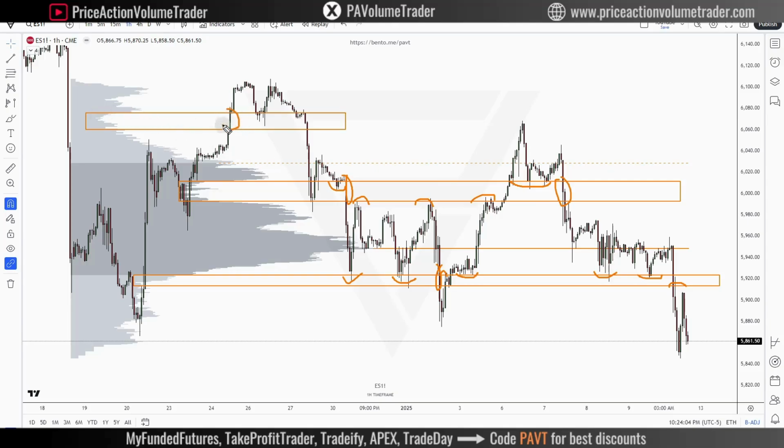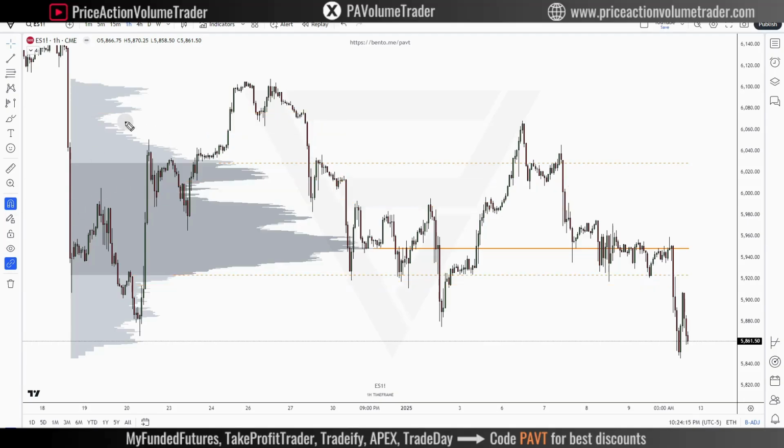Same thing here, trade through quickly, support, trade through quickly. So in these areas, we don't accumulate volume because price is spending very little time around those areas. Okay?